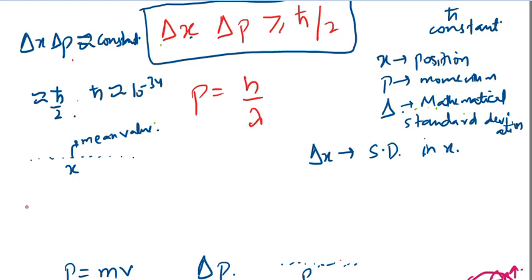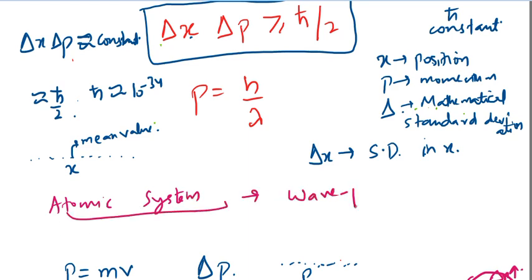In an atom, there is something very weird happening that physicists used to call wave particle duality. And the Heisenberg uncertainty principle gives a kind of mathematical meaning to this wave particle duality.